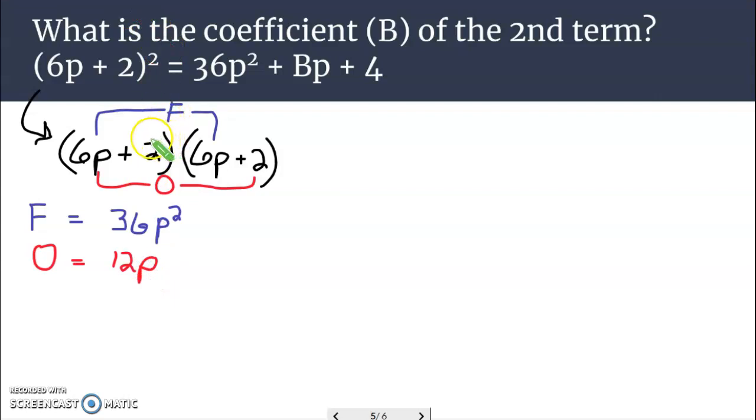Then we focus on the inside terms. 2 times 6p, another 12p. And finally, the last terms. 2 times 2, 4.